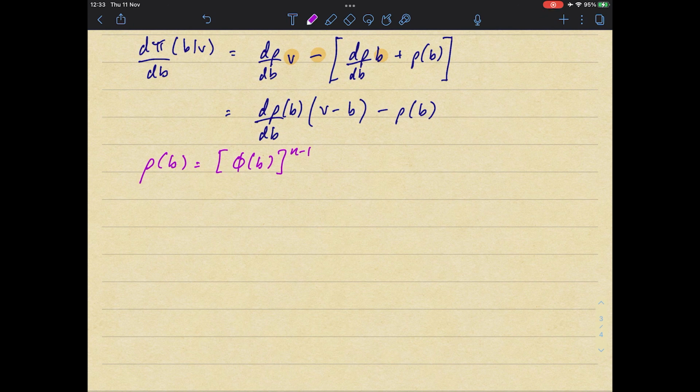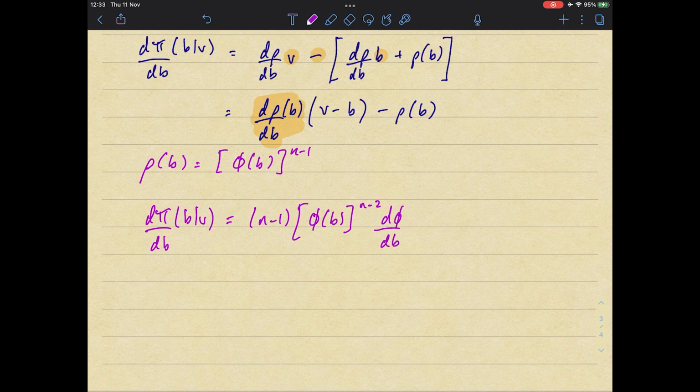Okay, so I could rewrite this derivative, just substituting that term, as this derivative here would be, so I've just used the chain rule there, multiplied by v minus b, minus this rho of b here, which is phi of b to the power n minus 1.